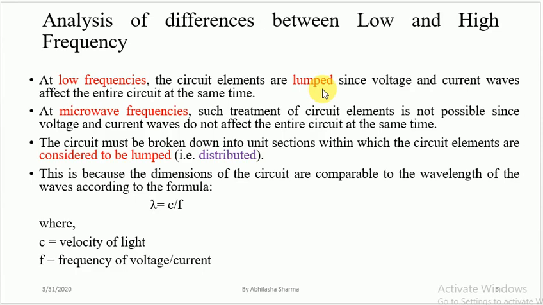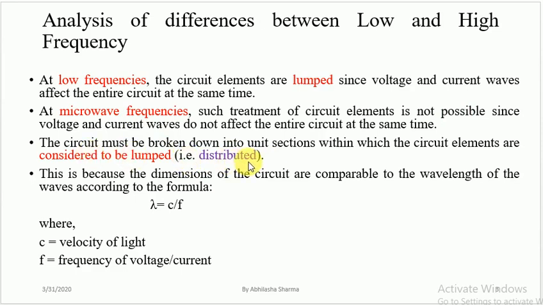Lumped parameter means we have to calculate the value of the element, for example resistor, inductor, capacitor, physically, but at the microwave frequency such treatment of the circuit element is not possible. So the parameters that are used for analyzing the circuitry at high frequency are called the distributed parameters.